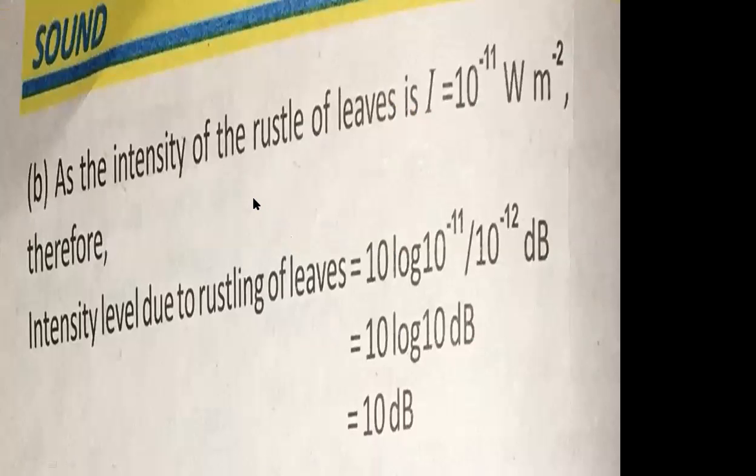Next, we solve the same thing for rustling of leaves. As the intensity of rustling of leaves is 10 to the power minus 11, I use the same formula, 10 log I over I naught, which is in decibel. Taking 10 to the minus 12 on the bottom, the powers add: minus 11 plus 12 is 10 to the power 1. Log 10 is 1, and 1 multiplied by 10 is 10 decibel.